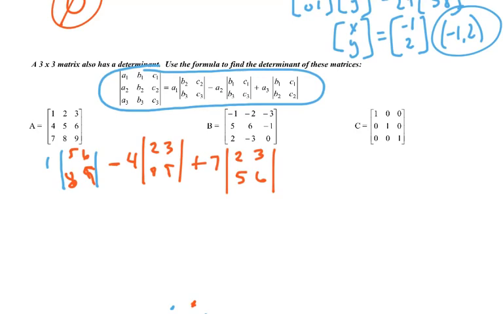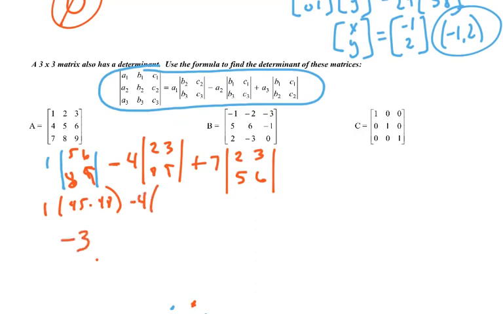Now for each of these, the bars here mean the 2 by 2 determinant. So this is going to be 1 times the 2 by 2 determinant. 9 times 5 is 45 minus 48. Or 1 times -3, or -3.